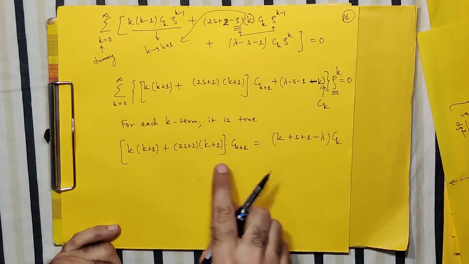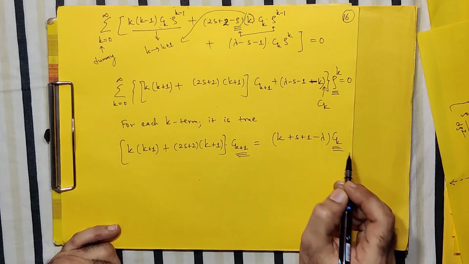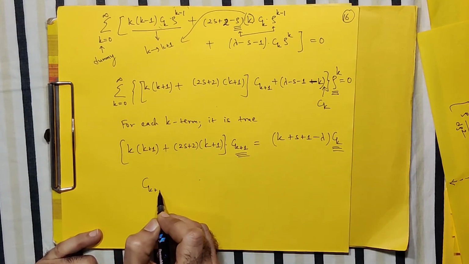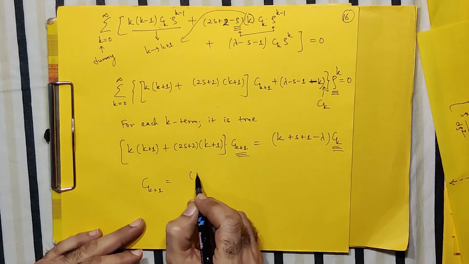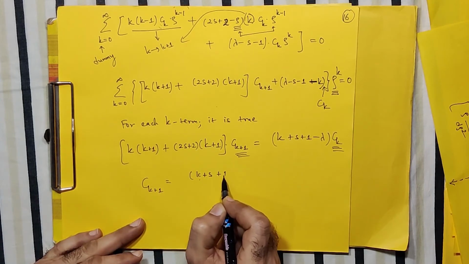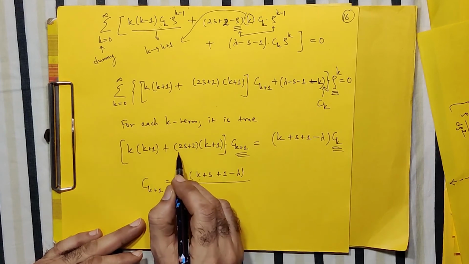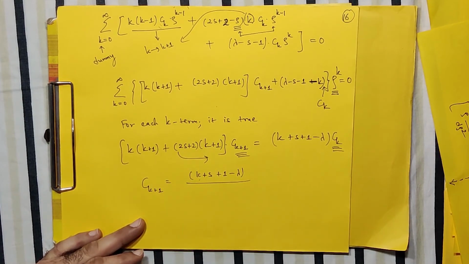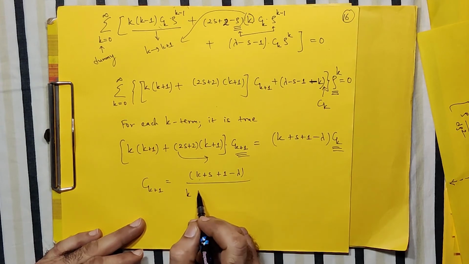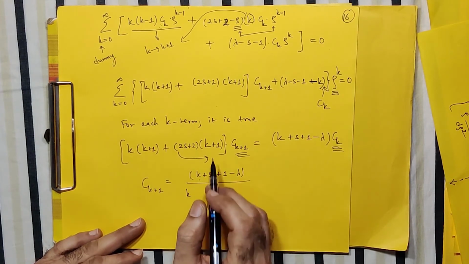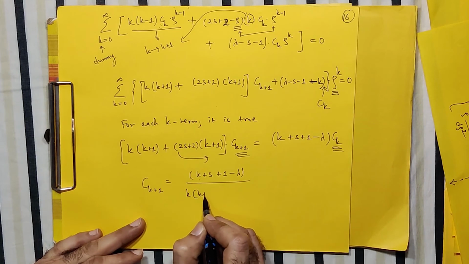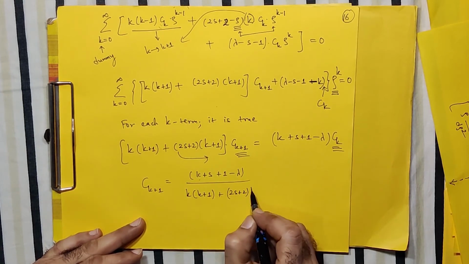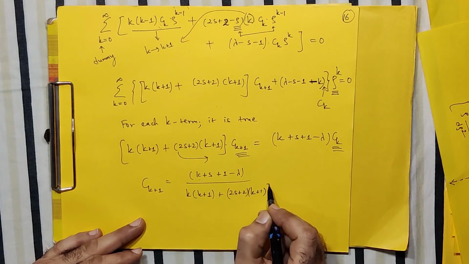And if I take a ratio of this coefficient of the series and all other terms on the other side, then what I'll have is ck plus 1 can be written as k plus s plus 1 minus lambda, and this part goes down, so it will be k, and simplification is possible, but let me first write it, k plus 1 plus 2s plus 2 k plus 1.